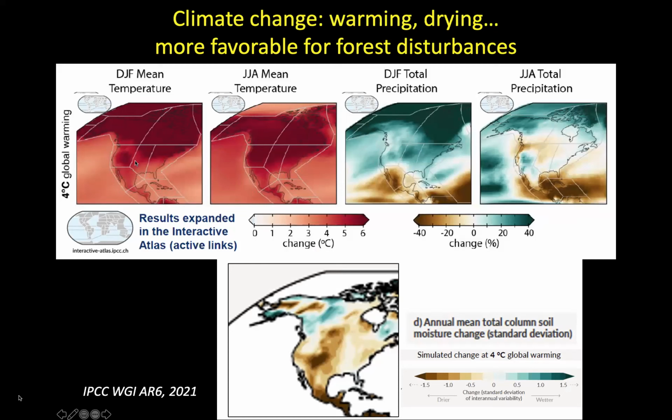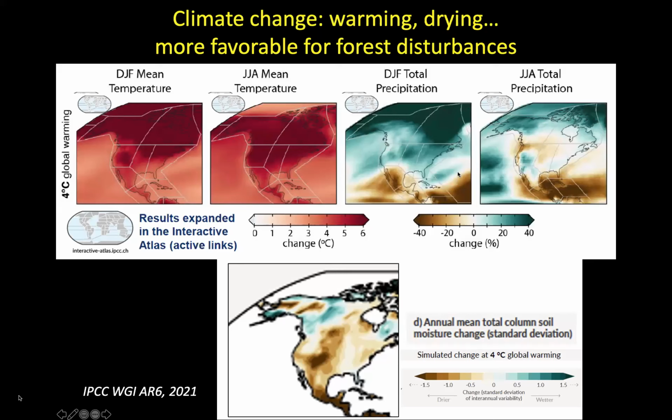Precipitation is shown on the two maps on the right. Winter precipitation is expected to increase throughout much of the Western US, and that drives much of the annual totals. But importantly, during the summertime, which is the far left map, parts of the Northwest are expected to actually decrease in terms of precipitation.